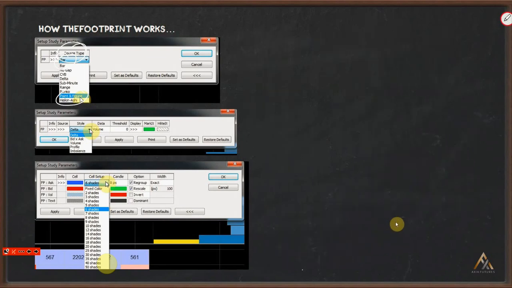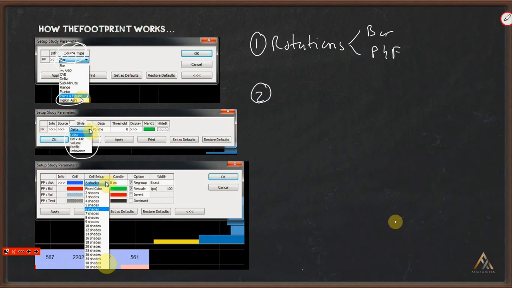Now, the next setting I want you to focus on is the different styles of footprint you get. We first spoke about the types of rotational settings: number 1, a bar rotation, and number 2, a point and figure. Now we're going to talk about the style, which is simply what you ultimately want to see.